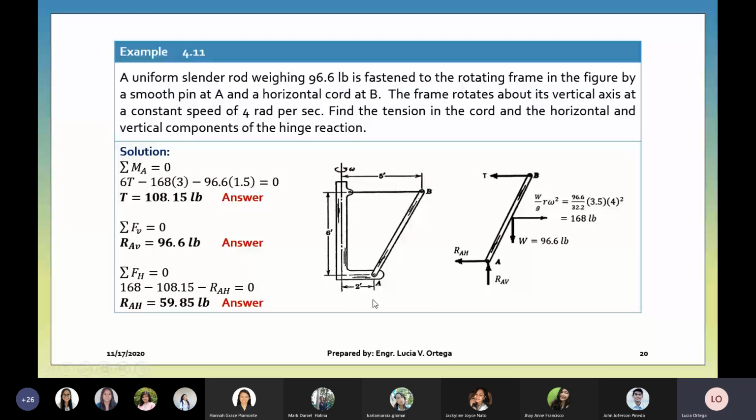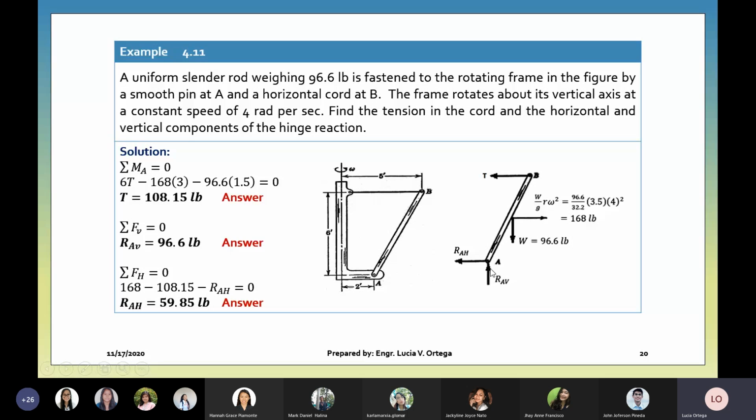Okay. So then, this is equal to 168. I think it's a typographical error, but it's already a figure. I cannot edit this one. So I have to edit it later. But this one is correct. The inertia force is 168 pounds.